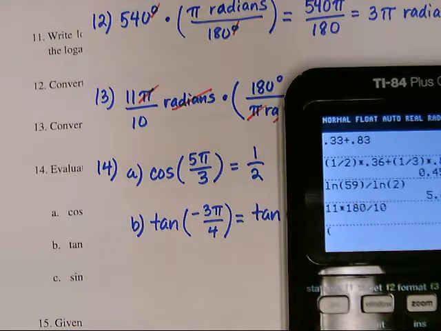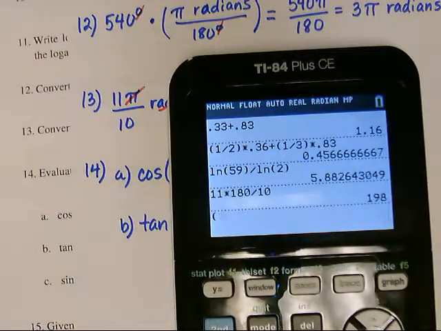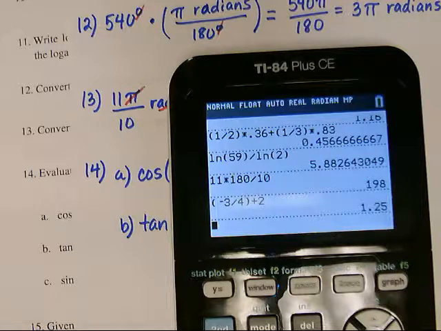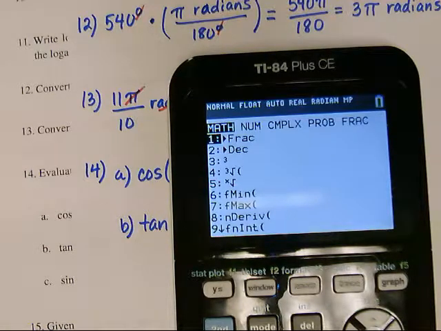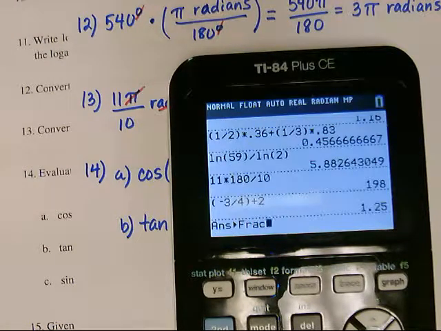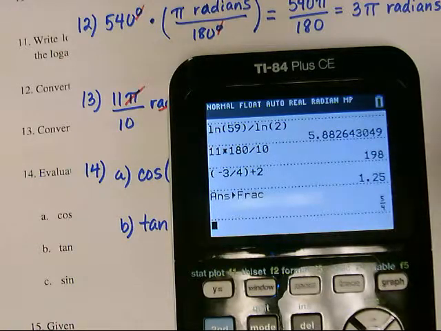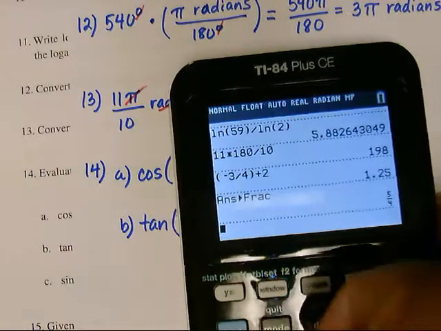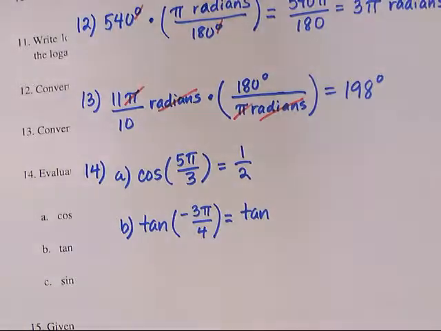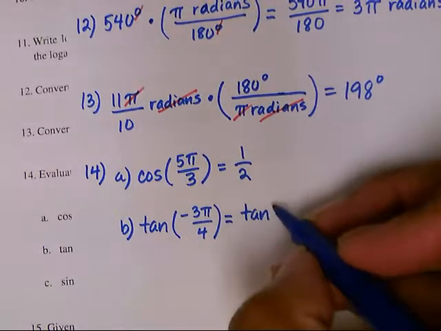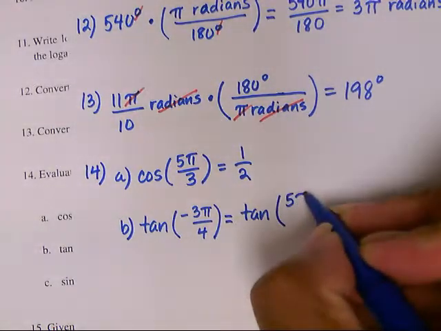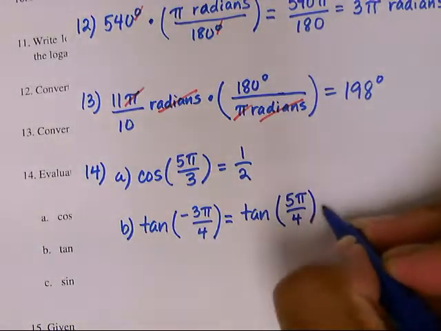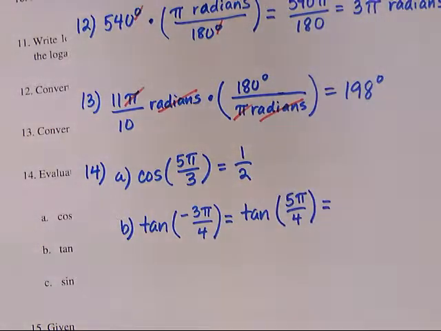I'm going to do this in the calculator by doing negative 3 divided by 4 in the parentheses plus 2. And I'm going to change this to a fraction. Press the math key and then number 1 for fraction. This will be 5 over 4. So this negative 3 pi over 4 is equivalent to 5 pi over 4. So I'm going to find the tangent of 5 pi over 4 using the unit circle.